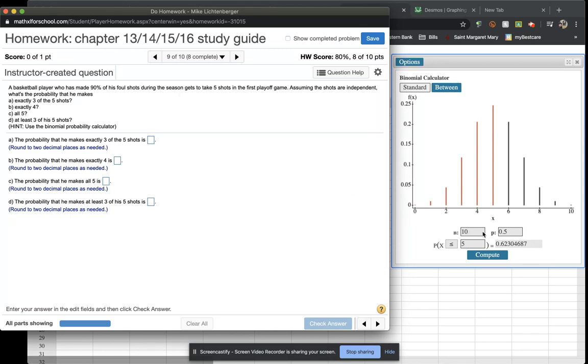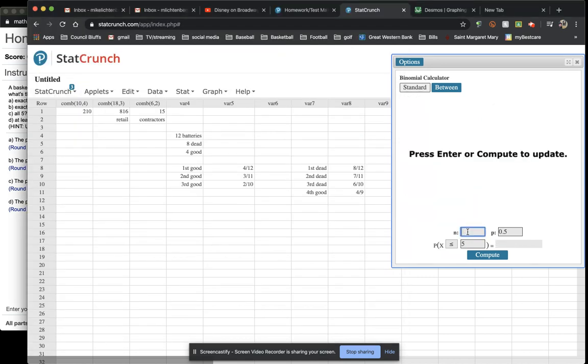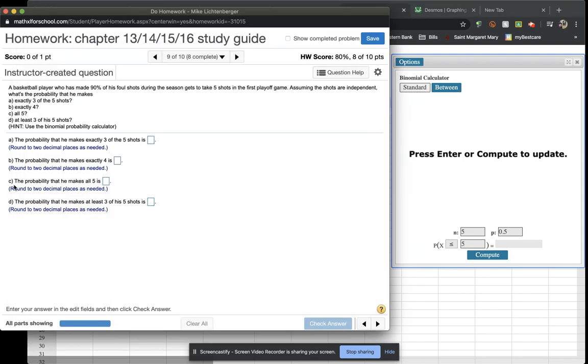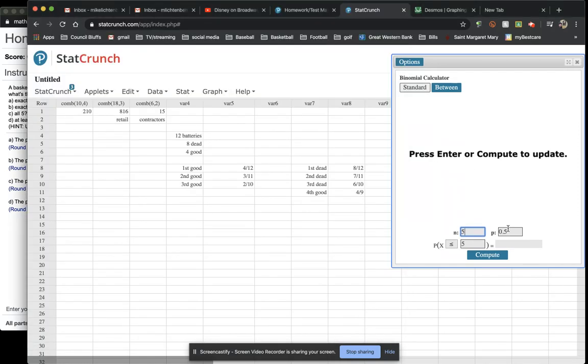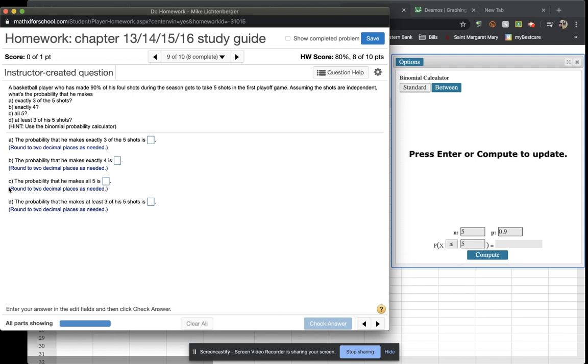So he's taking 5 shots. So the n value here is 5. The p-value is the probability of success. So the probability of success is he makes 90% of his foul shots during the season. So 0.9.